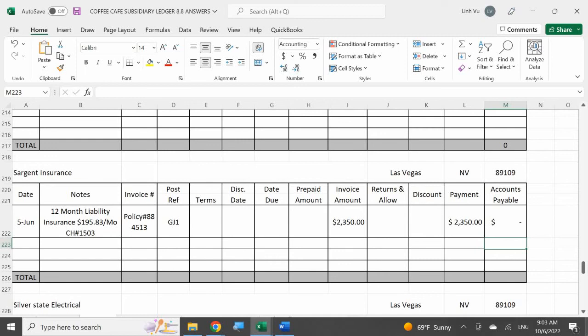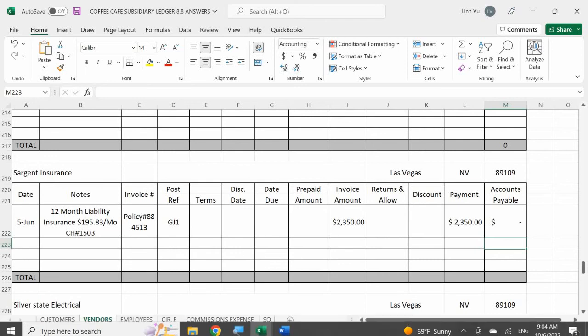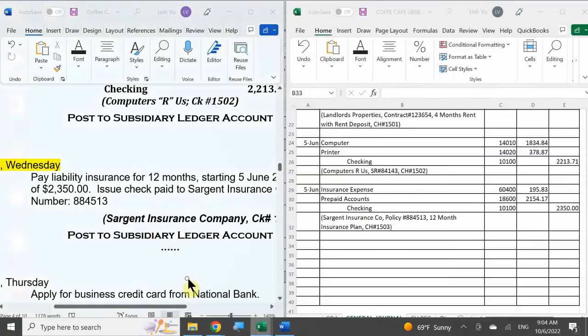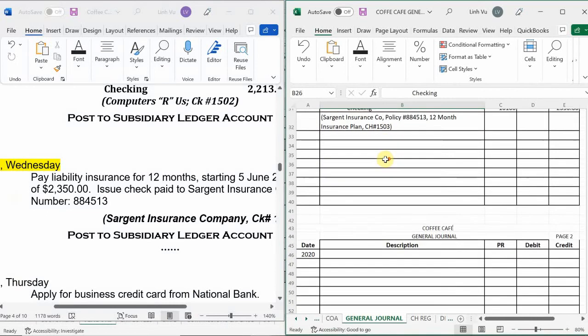However, in case something went wrong, you would be able to pull up this policy number and figure it out. So now we're completely done with that transaction. Let's go ahead and see what happens next.